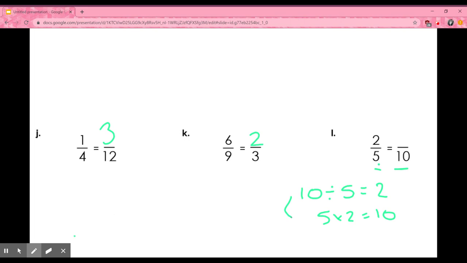So to get our numerator, we'll take 2 times 2, because remember you multiply it by the same number, and we'll get 4, because 2 times 2 is 4. So 2/5 is equal to 4/10. So you can do it like this, or you can get your fraction tiles out and just see which ones are equal to each other. Whatever strategy works best for you is whatever strategy you can use.